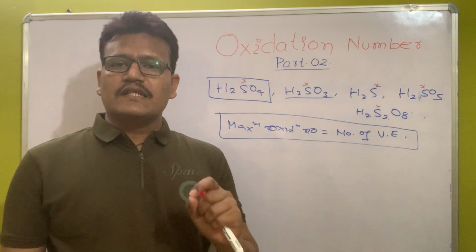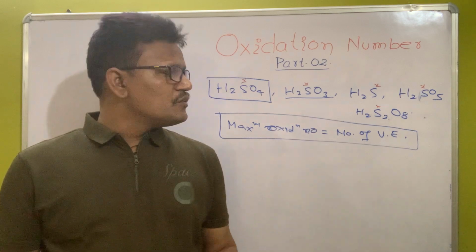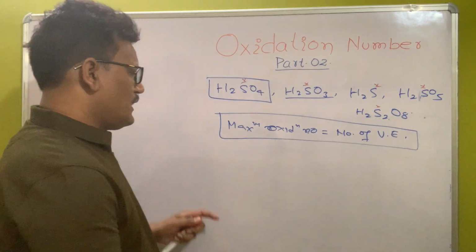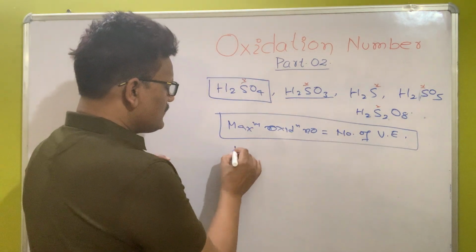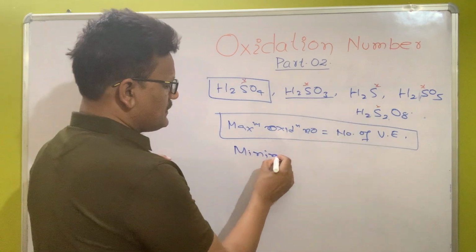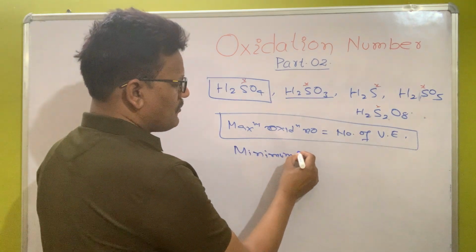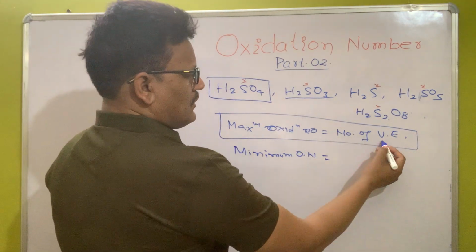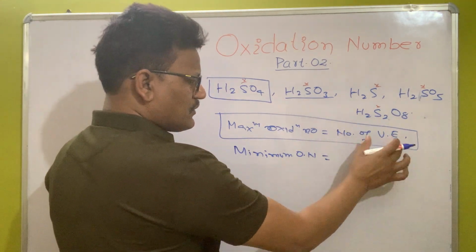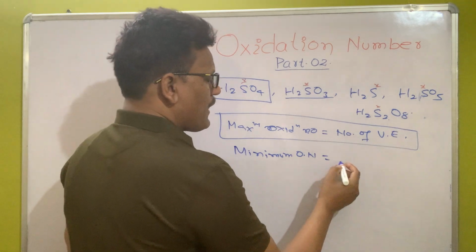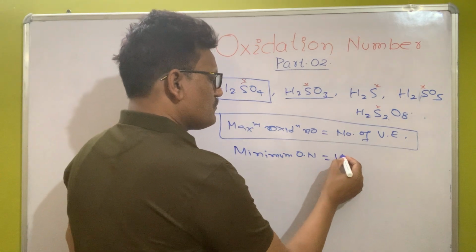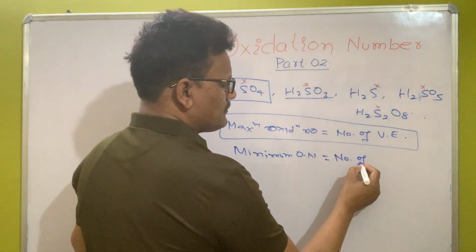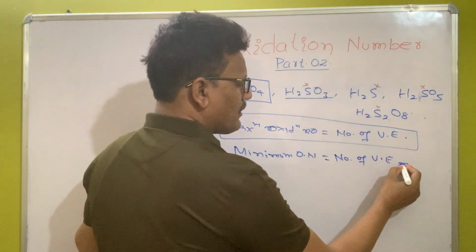And we can find the minimum oxidation number too, if you know the number of valence electrons: it is the number of valence electrons minus 8.